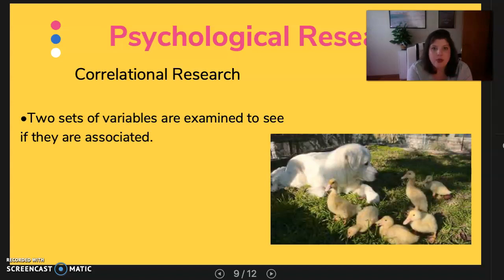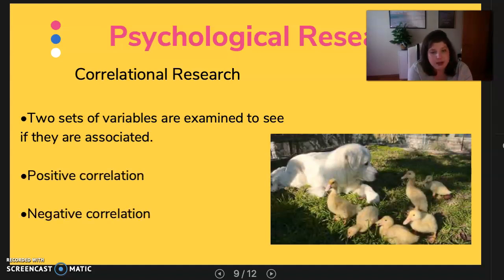So for example, let's go with a dog example. So let's say that I think people who spend more time with animals are happier. Okay, so my variables are happiness and spending time with animals. So those are my two variables. I want to see if they're correlated.